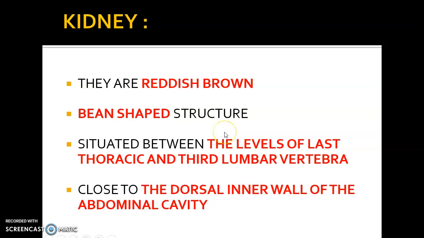So do remember the location of the kidney with regard to the vertebral column. It is present between the level of the last thoracic and third lumbar vertebrae. And in which part of our body is the kidney located? It is present in our abdominal cavity, that is, at the dorsal end of the abdominal cavity we find our kidney located.